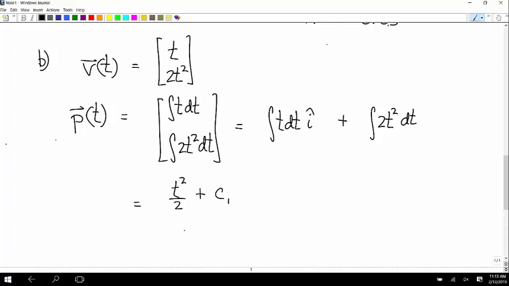And for the y component, we get 2t cubed over 3 plus c2.